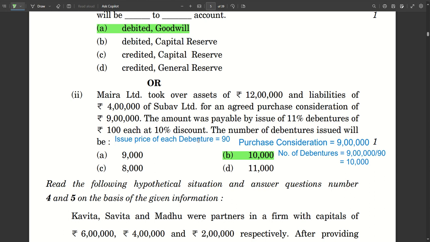So the issue price of each debenture is rupees 90, at 10% discount. Don't get confused by the 11%, and don't get confused by 12 lakh minus 4 lakh, 8 lakhs. That's not required here. Purchase consideration is already given, 9 lakhs, and the issue price is 90. So the number of debentures is 9 lakhs by 90, which is 10,000. Answer B. Just do it step by step.